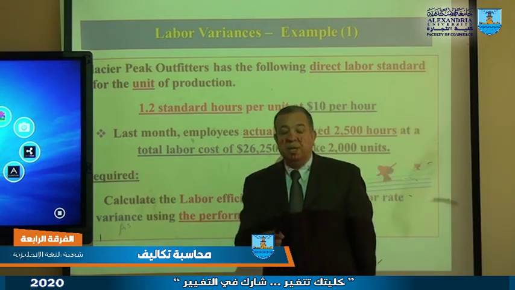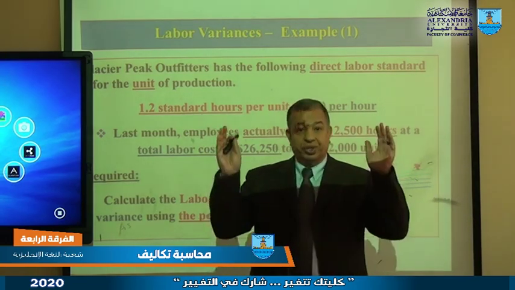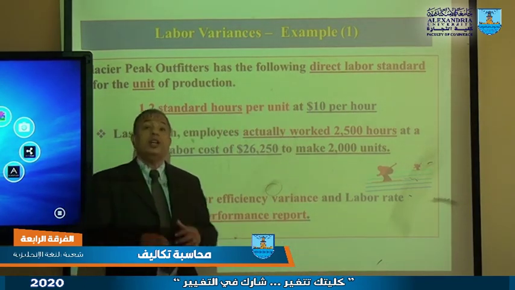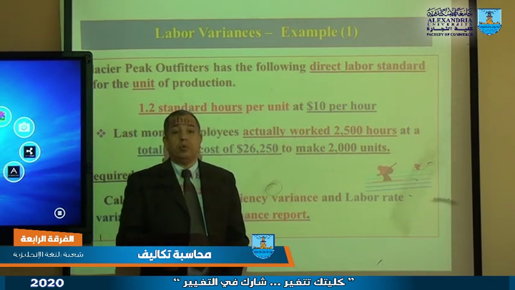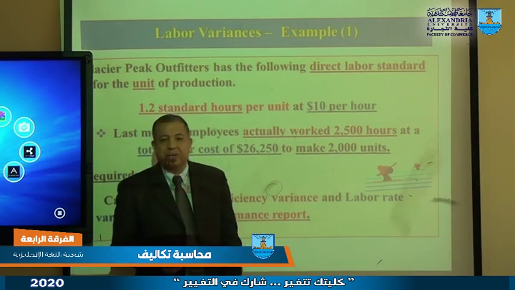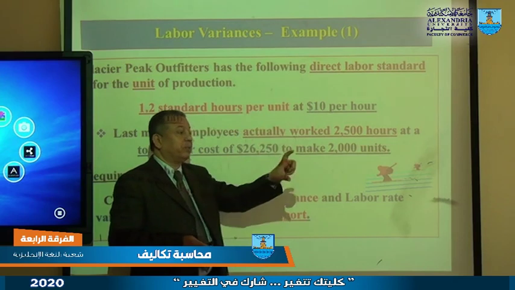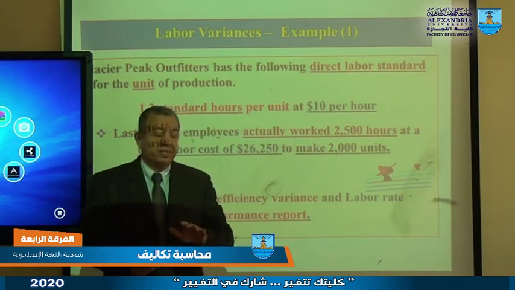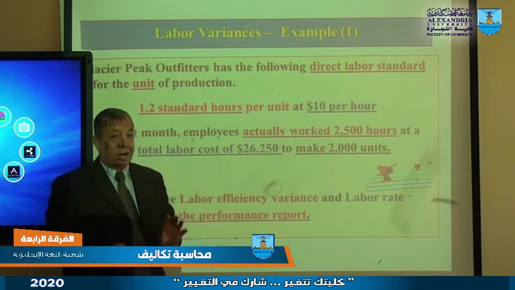Then, after calculating your actual costs and your standard cost, you can prepare your performance report. You can use them to prepare the equation. The rest will be very simple. If your amounts are calculated correctly first, everything will be correct, بإذن الله.